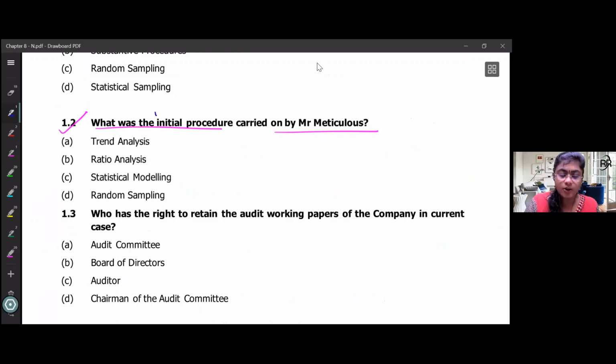So the initial audit procedure carried out by Mr. Meticulous was ratio analysis. It was not trend, it was not statistical, nor random sampling. It was ratio analysis where he checked the GP margin. Ratio analysis, relationship of two or more balances.